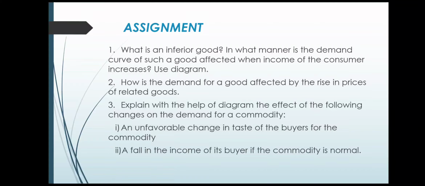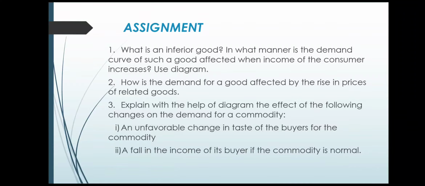First of all, you need to explain what are inferior goods, and you need to draw a graph representing what will happen when there is an increase in the income of the consumer.